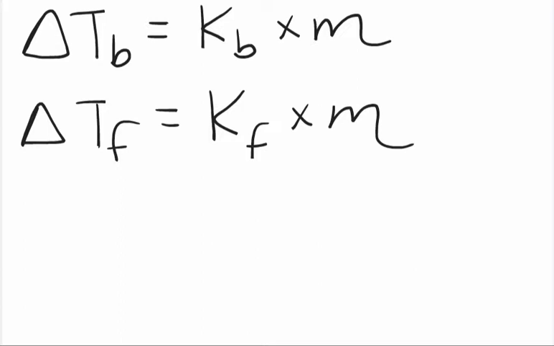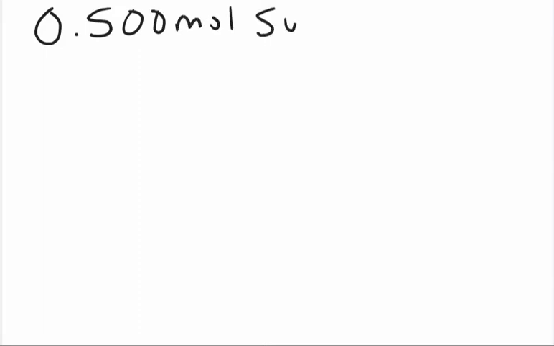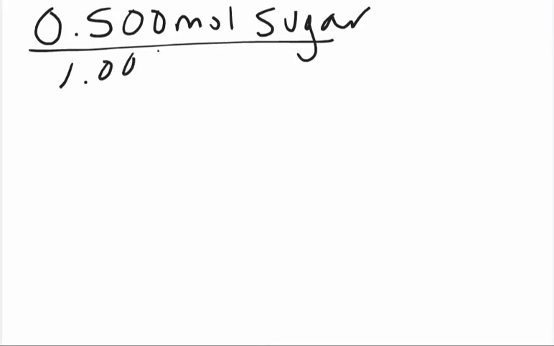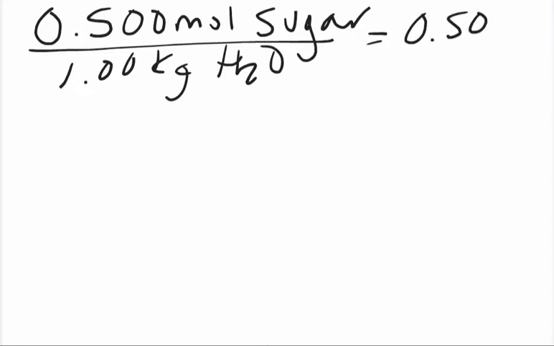So we'll start with an example of a molecular compound, sugar. If you have 0.500 moles of sugar dissolved in 1 kilogram of water, then you have a 0.500 molal solution.